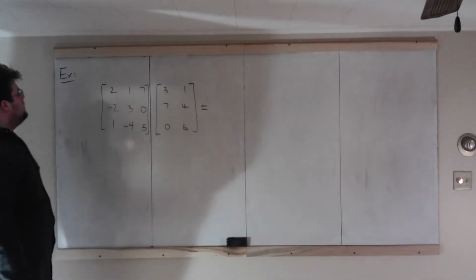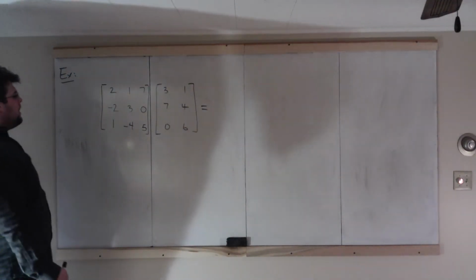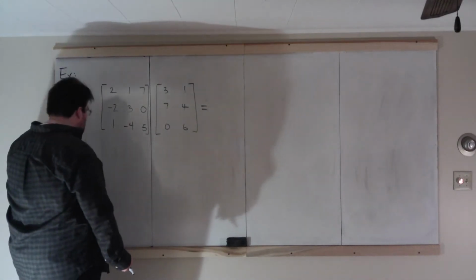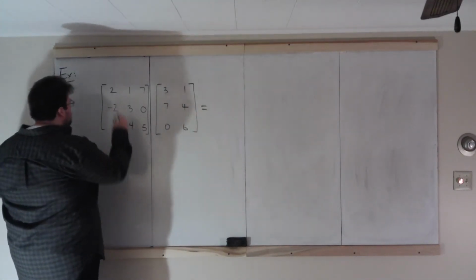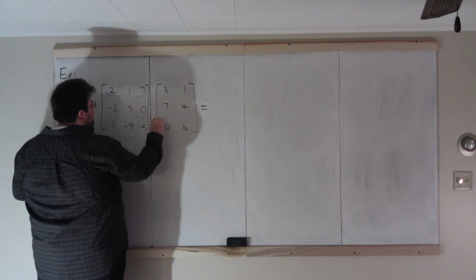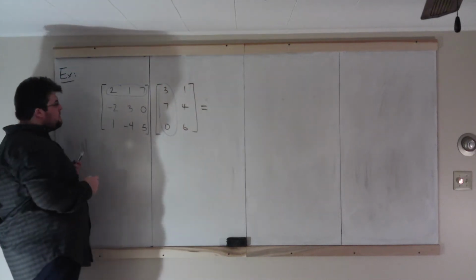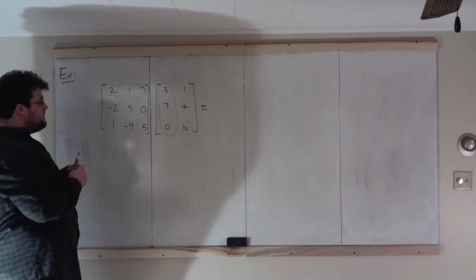Okay, this one. First, is this multiplication defined? Well, do a row times column. Row times column. Look at that, they match up. They both have three things, so it is defined.